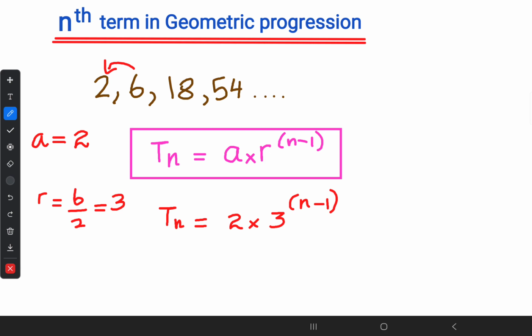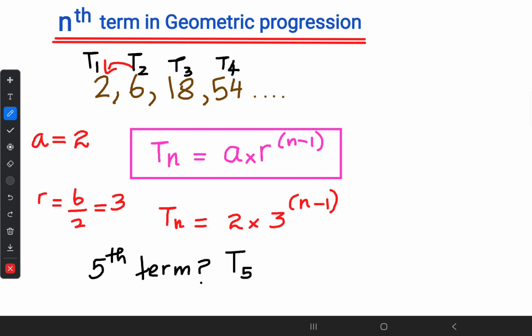In the same question, if I ask to find the 5th term in the same geometric progression, which means I am asking T5. We can write the first term as T1, term 2, term 3, term 4.